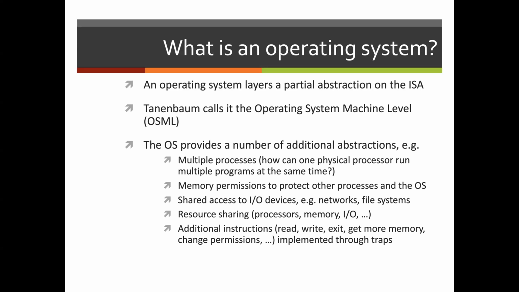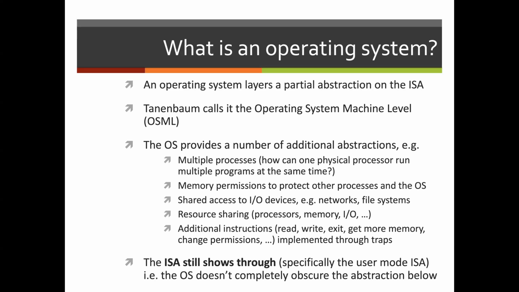These include read, write, exit, and other types of permissions that can be changed. And so although we'll be focusing on the operating system, it's important to keep in mind that the ISA is still an important part. The OS doesn't completely obscure or hide the abstraction.